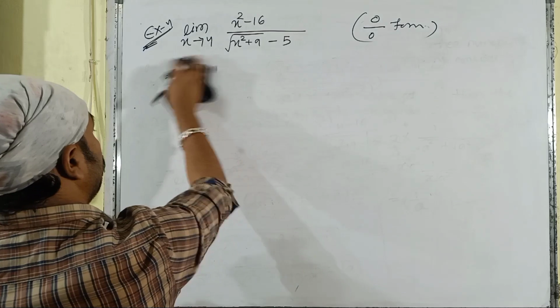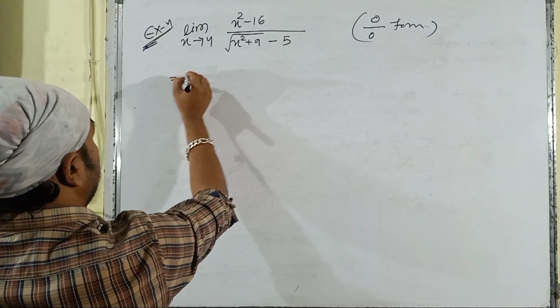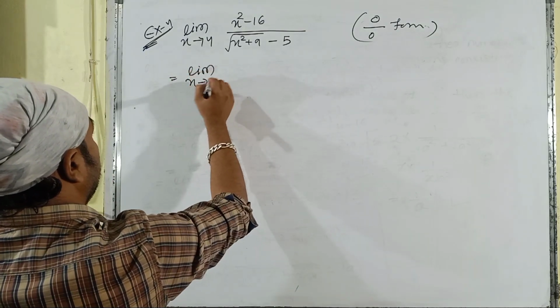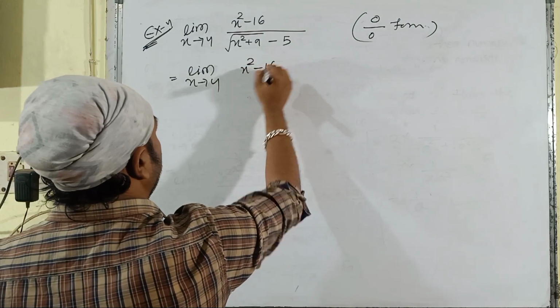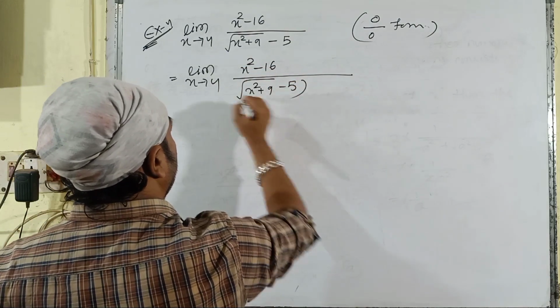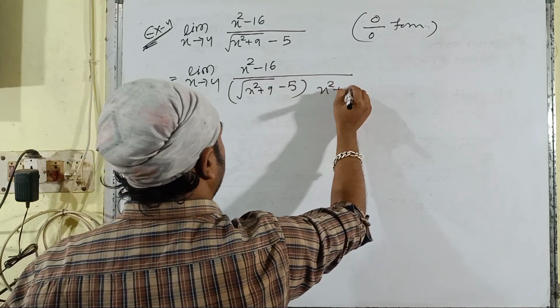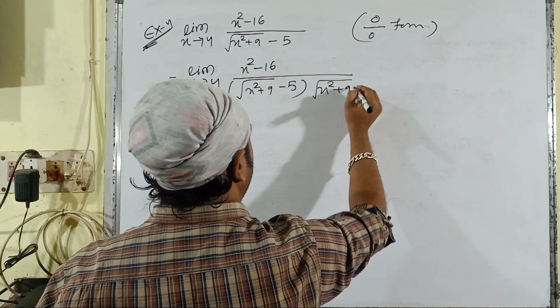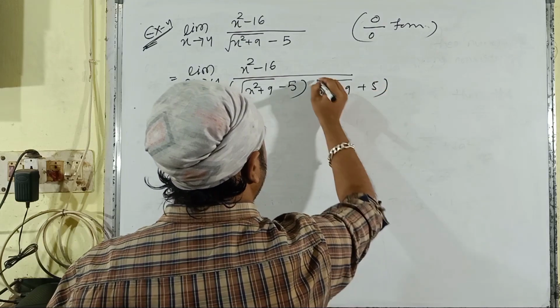So we have to find out the conjugate part of the denominator, and the conjugate of the denominator is square root of x square plus 9 plus 5.